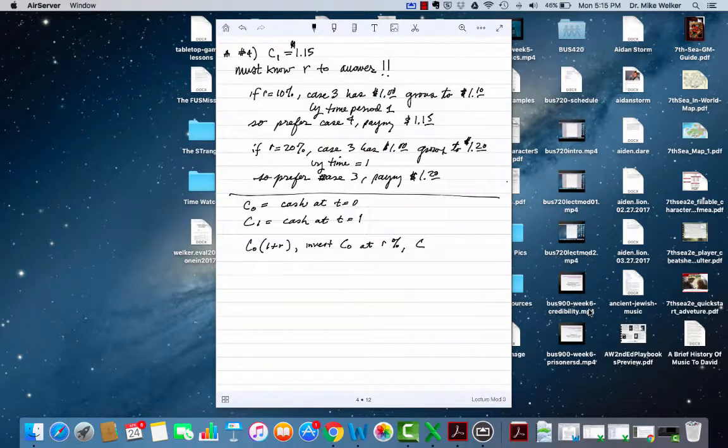So C1 is equal to C0 times 1 plus R, if we were thinking about the cash that we could have from our investment. So what this means is that we've compounded forward an equivalency. So this element right here is forward compounding.